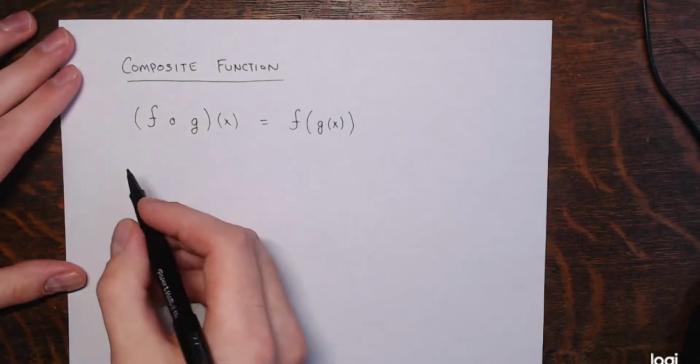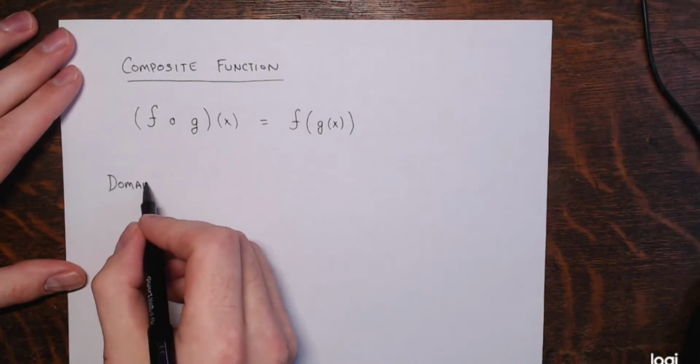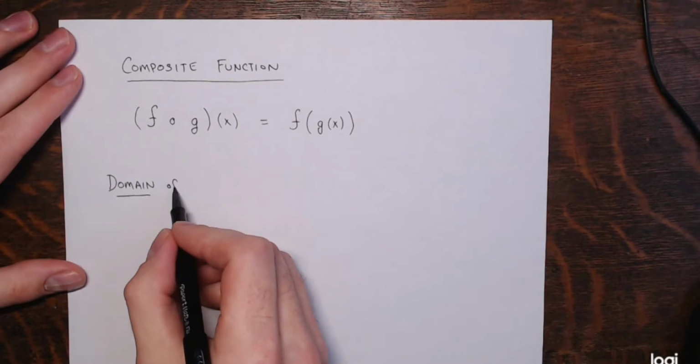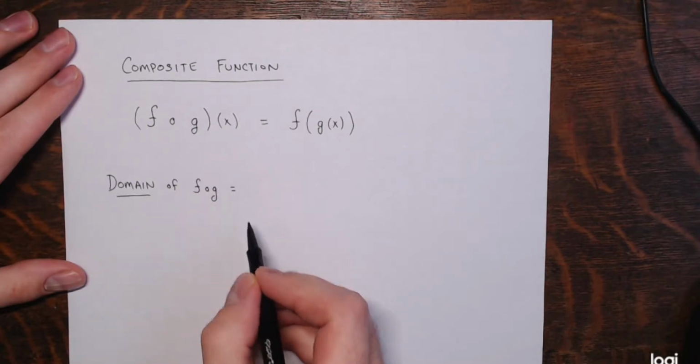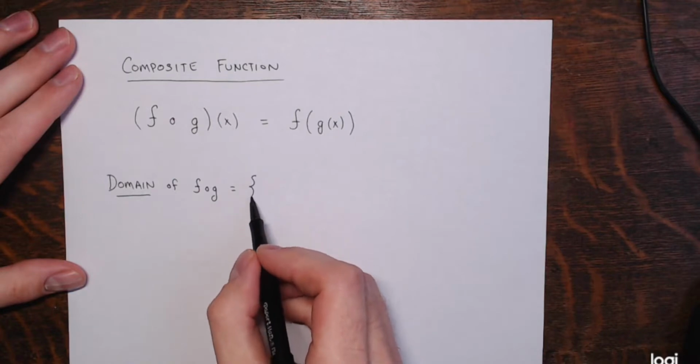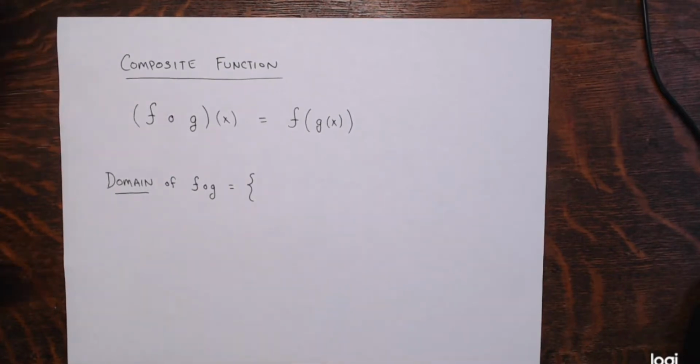Now, the domain of this function f composed with g can be explained the following way. It's a set. Remember, domain is the set of all the inputs, the set of all the x values that can be used to give me a real number output.